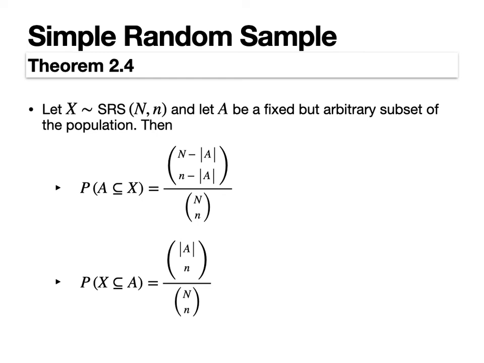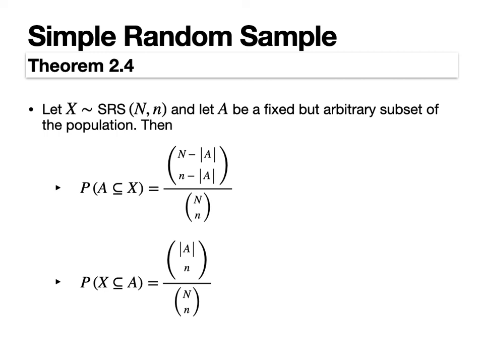Let's look at the second bullet point. The second bullet point addresses the probability of the event that our random sample is contained in some fixed subset A of the sample space. So imagine you take a random sample of size 1,000 of, say, registered Virginia voters. Maybe A represents the set of all Democratic voters in Virginia.